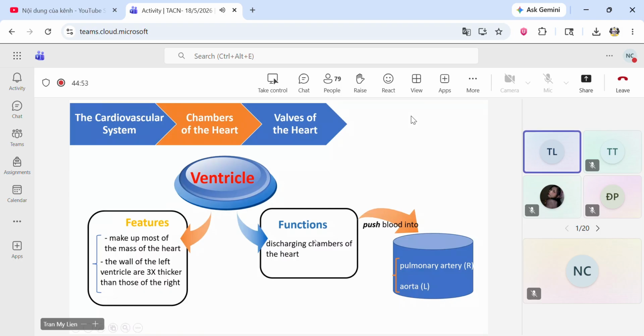The ventricles make up most of the mass of the heart, and have the role of discharge chambers of the heart, pushing blood into the pulmonary arteries and aorta.